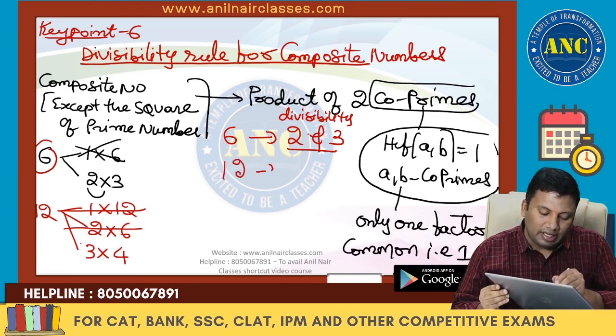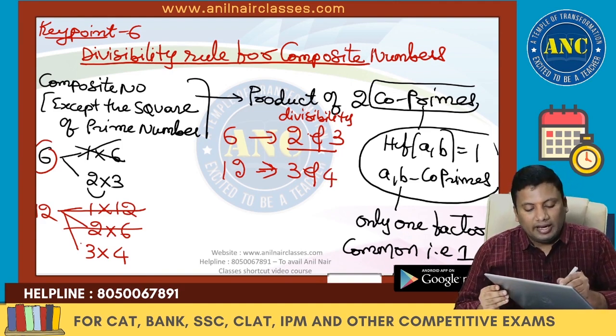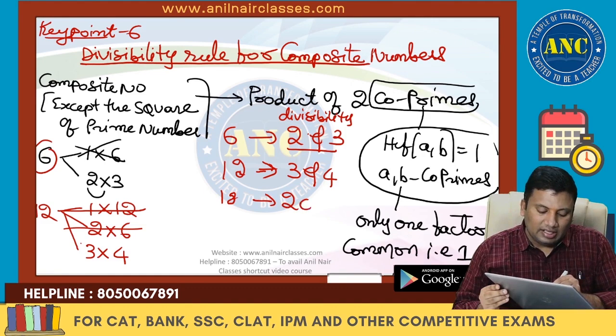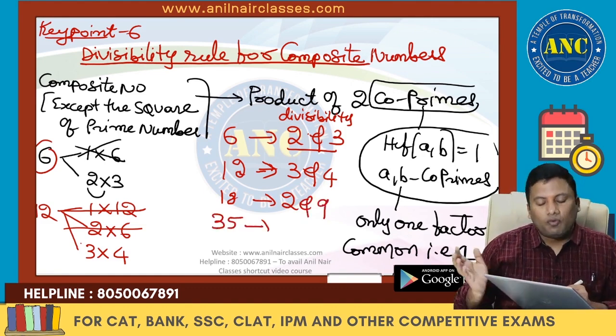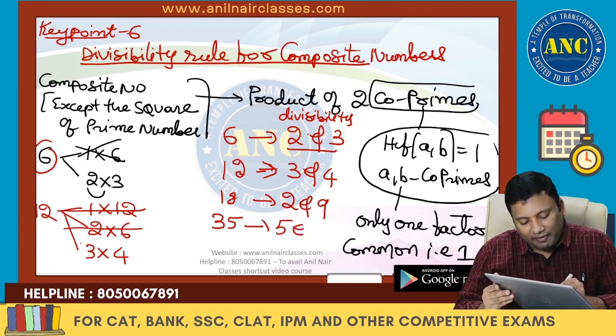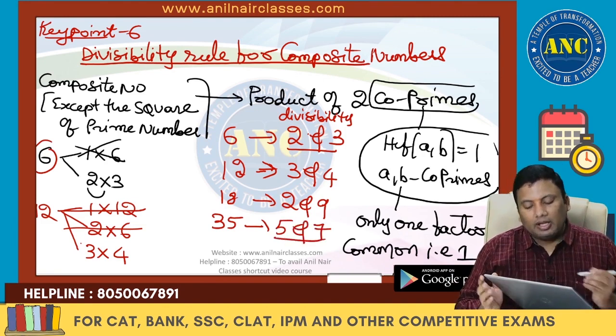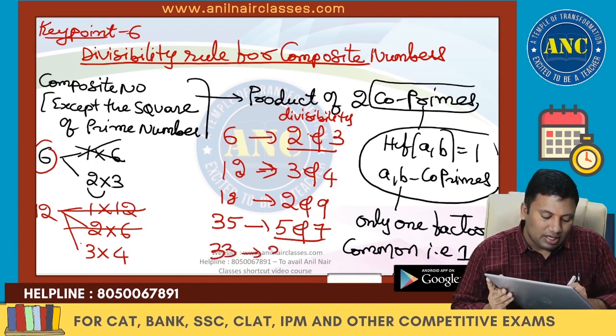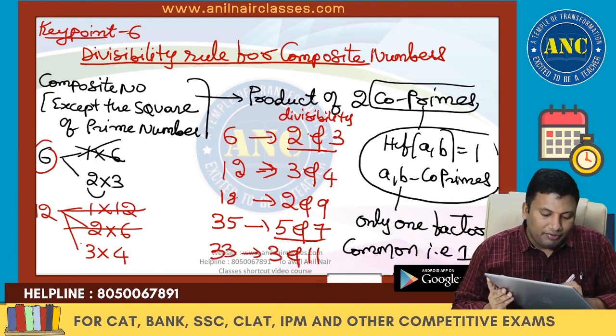The 12 divisibility rule is the 3 and 4 divisibility rule. The 18 divisibility rule is 2 and 9. For 35, it is 1 into 35, and 5 and 7: the divisibility rule for 5 and 7. For 33, it should be divisible by 3 and 11.